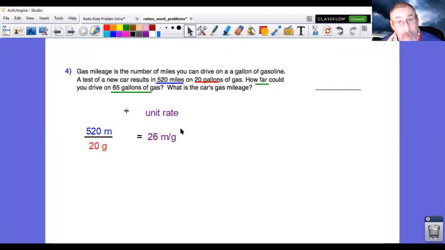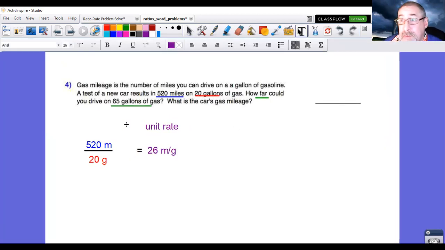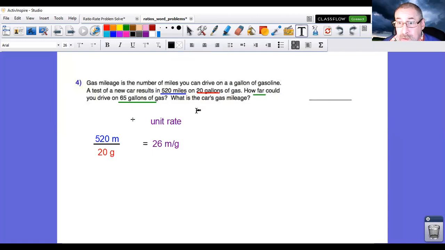To find out how far we went, we're going to multiply our unit rate times the amount of gallons we've used.